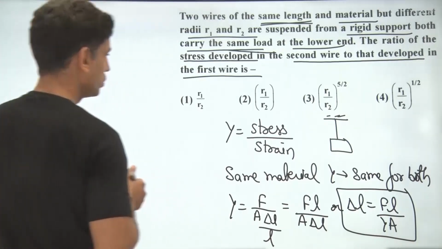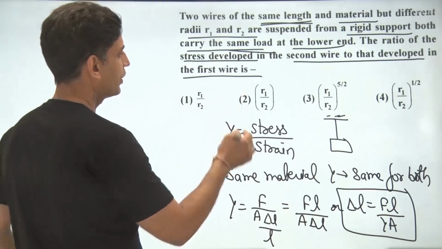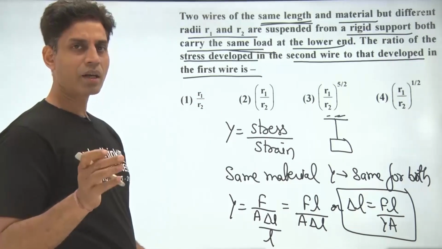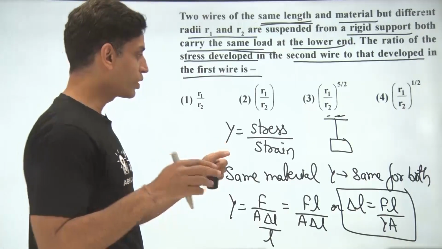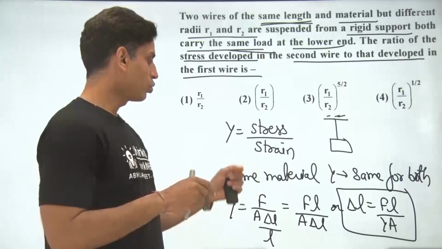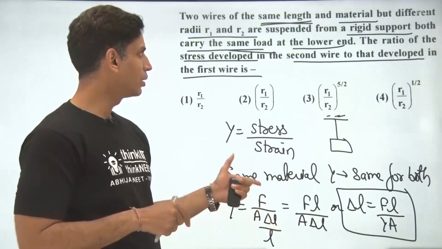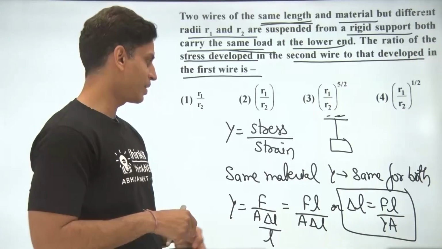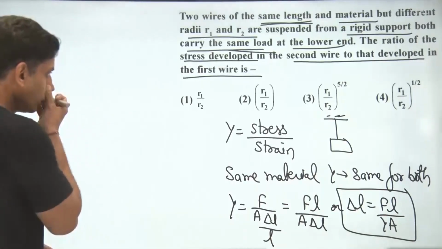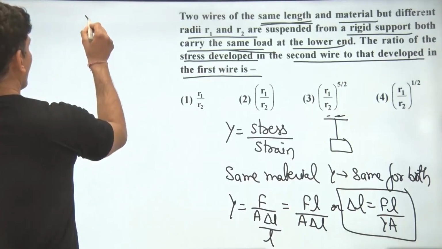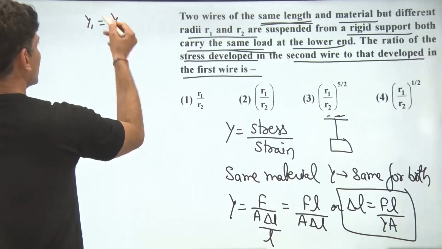Now we cannot find the relation between two different values if there is one equation and two variables. So to solve this problem, we have to assume that the extension is the same. Y1 equal to Y2, since the material is the same.